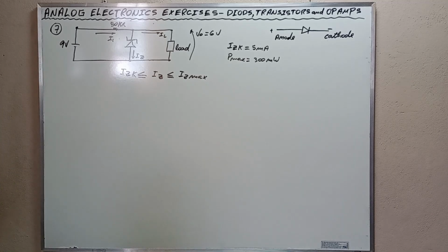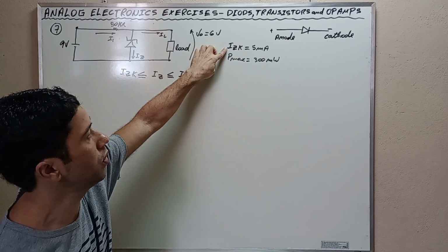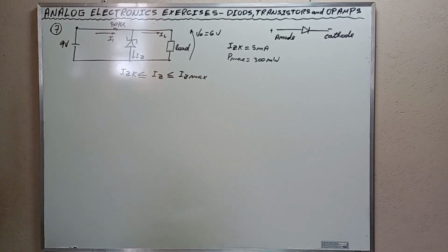Therefore, we're going to use that IZK is equal to 5 milliamps. As the exercise stated that the maximum allowed power dissipation is 300 milliwatts and the voltage across the Zener has to be 6 volts, we can find the maximum current through the Zener.